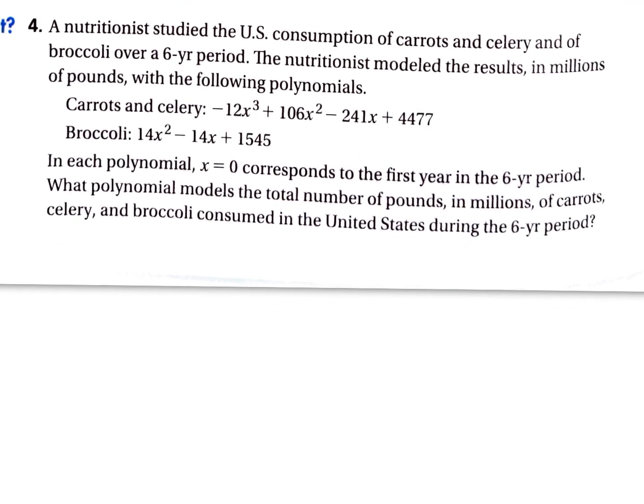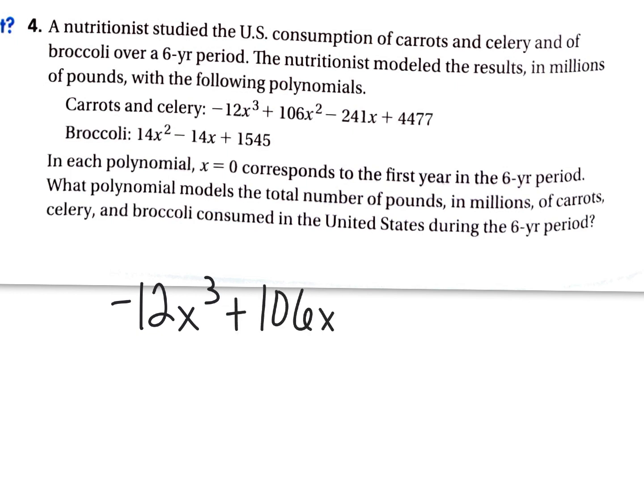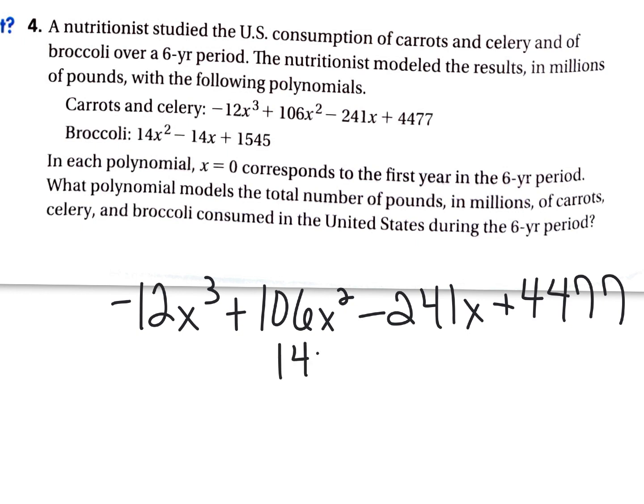Okay, so what we're doing here, we're just going to be combining these like terms together. And I'm going to go ahead and just add them vertically this time, just because that's easier to show you and have all this on the screen at the same time. With broccoli, there was no x cubed term, so we just skip over the x cubed part.